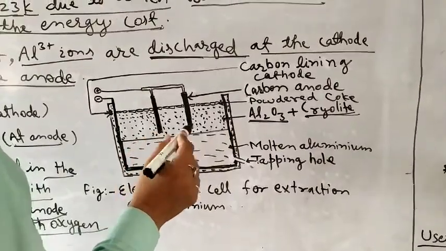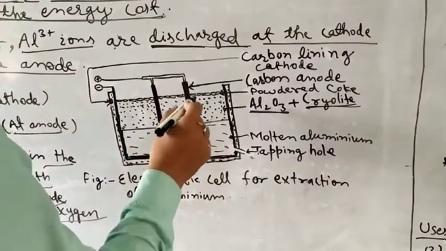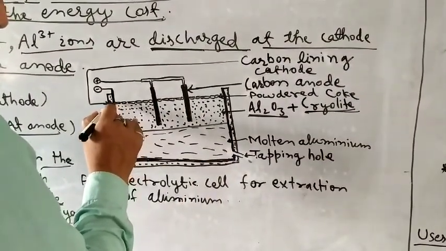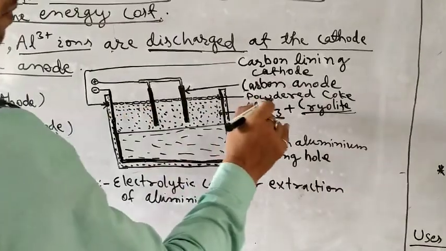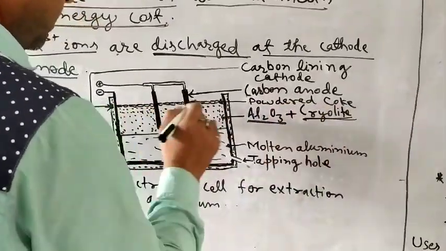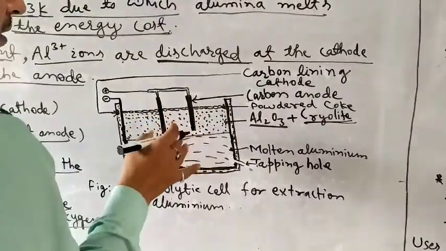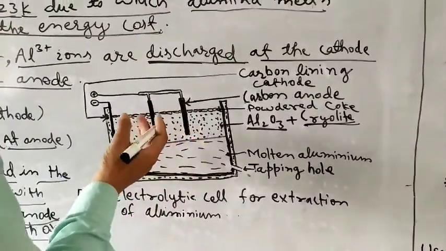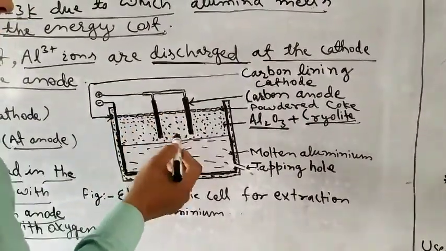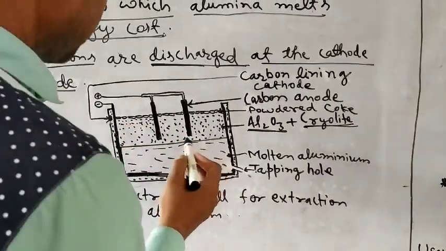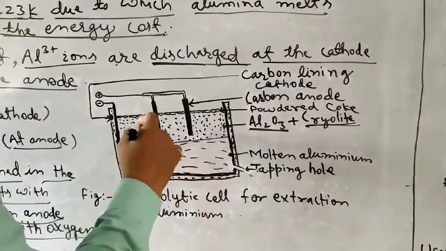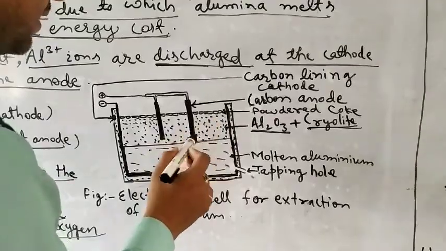At the top surface, powdered coke is spread to check the transmission of heat, so that the reaction proceeds very quickly.